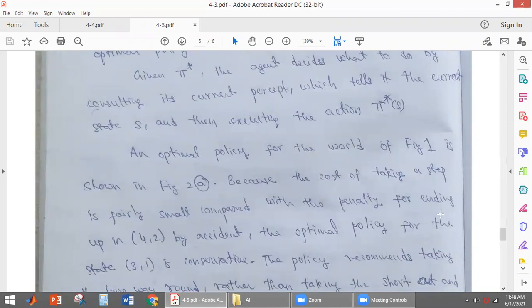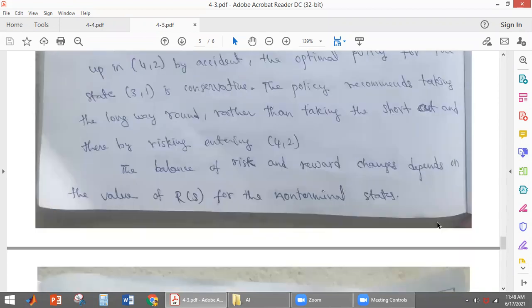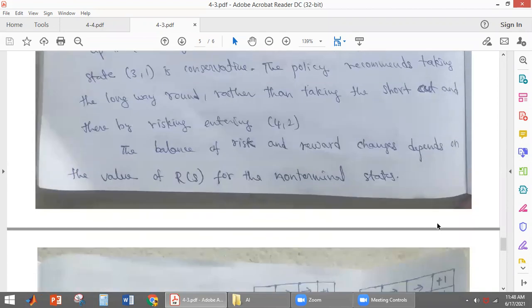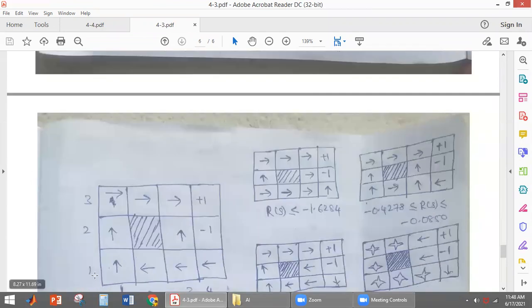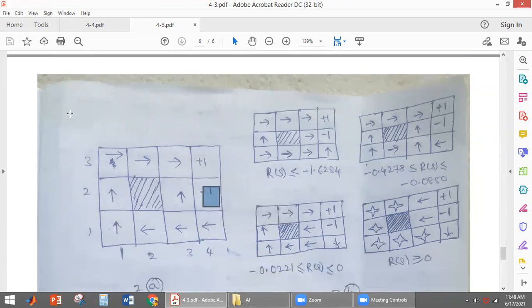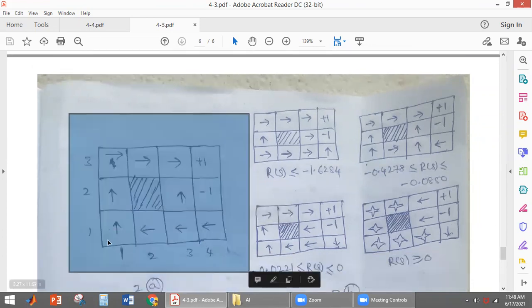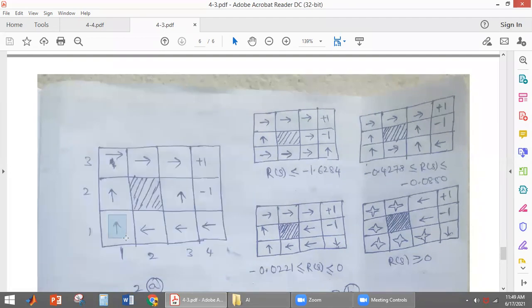So what is the optimal policy for figure 1 we have seen now, students? Figure 1 has this start state, and these are the terminal states. For figure 1, this is the optimal policy. See here, students, if the agent is here, it has to take these steps to reach +1.